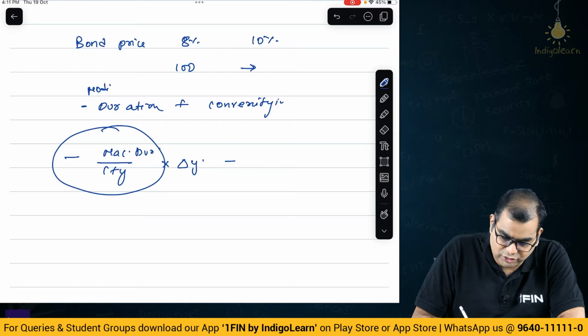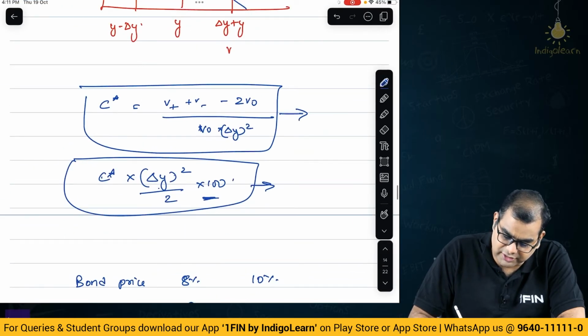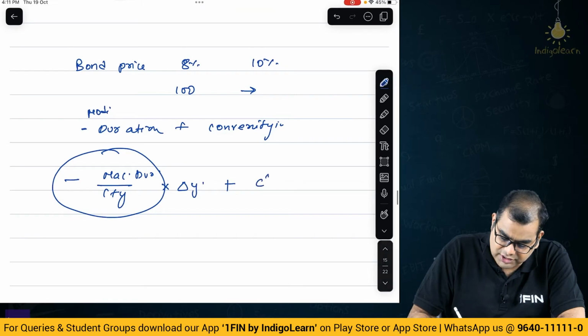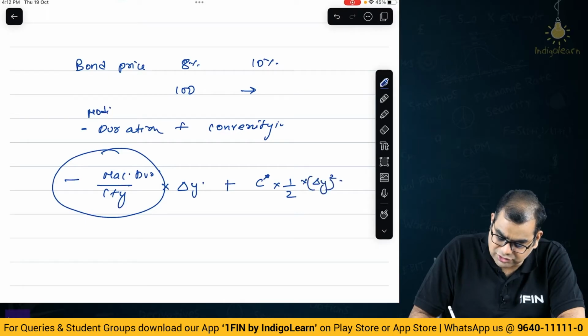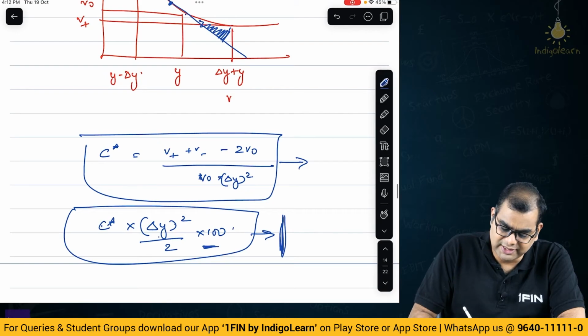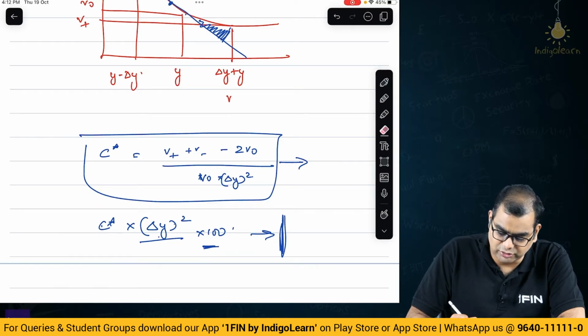Then you also have to add, and please note it is add, the value that we have computed here, which is C star into 1 by 2 into delta y whole square into 100. In some cases they do the division by 2 here, in which case they remove it there. Some cases, you do by 2 here only.